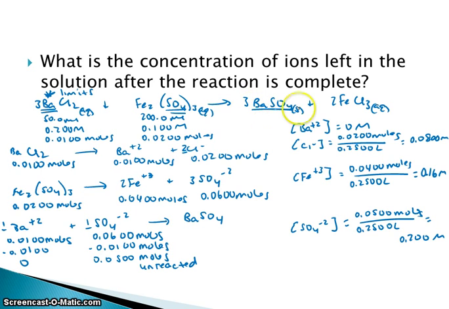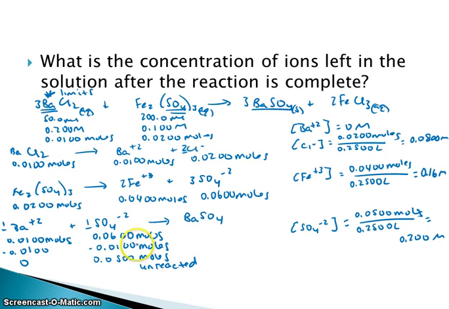So barium sulfate is produced when barium chloride and iron 3 sulfate react together. But in reality, it's the barium ions and the sulfate ions that form this precipitate. The barium ions are the limiting reactant in forming that precipitate, so we don't have any of it left in the solution.